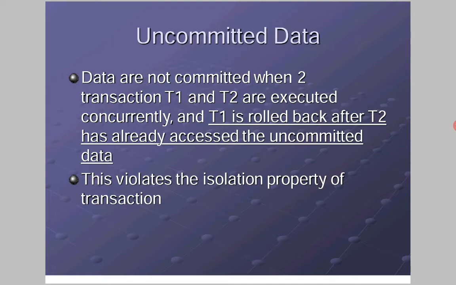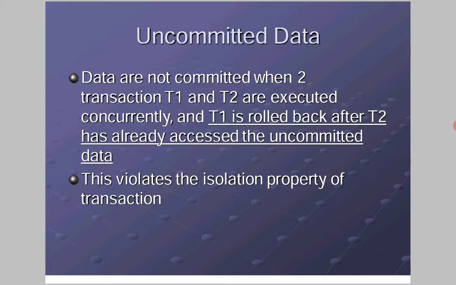Data are not committed when two transactions T1 and T2 are executed concurrently, and T1 is rolled back after T2 has already accessed the uncommitted data. This violates the isolation property of the transaction.